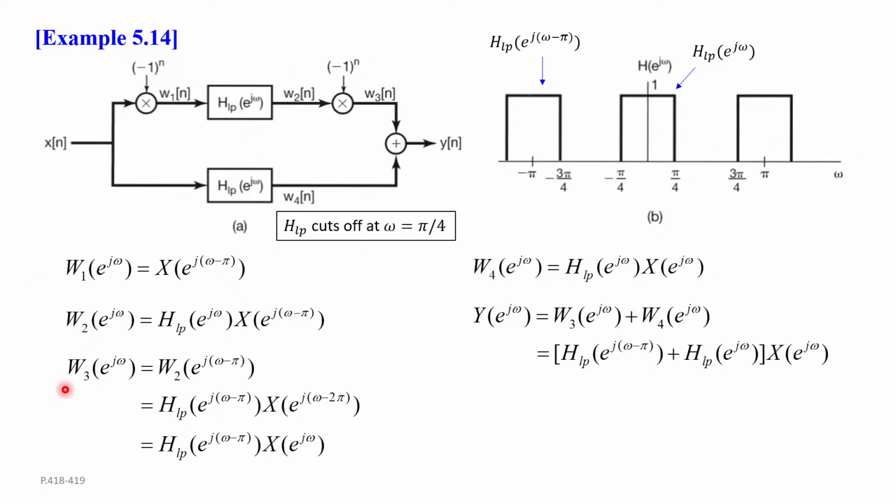So if I add everything together, the spectrum of your output will be big W3 and big W4 together, and that's your X filtered with this low pass filter, plus the shifted one with the high pass filter. So yeah, this is how you construct the bandpass filter in discrete time.